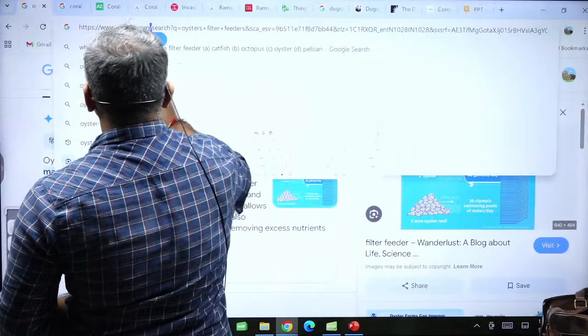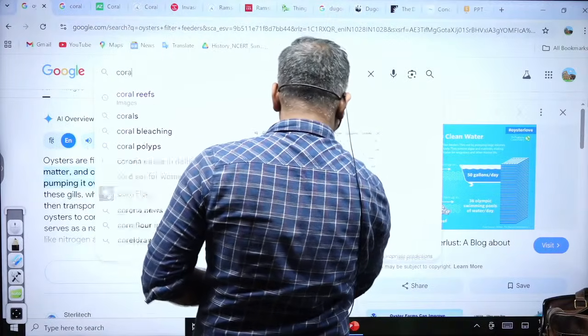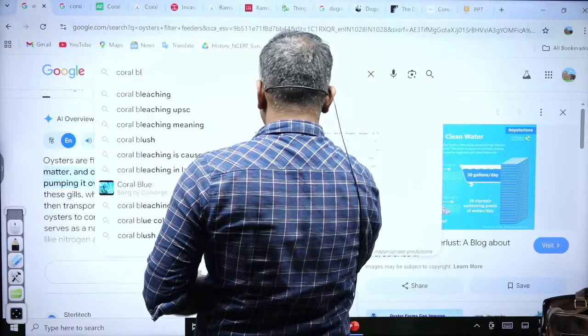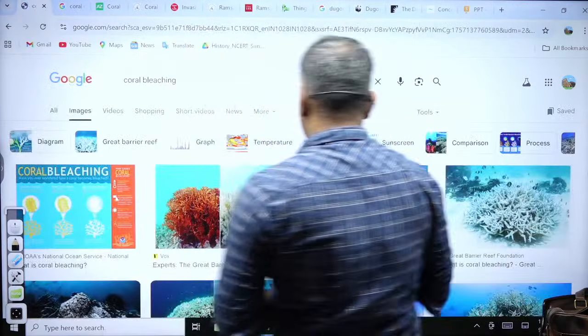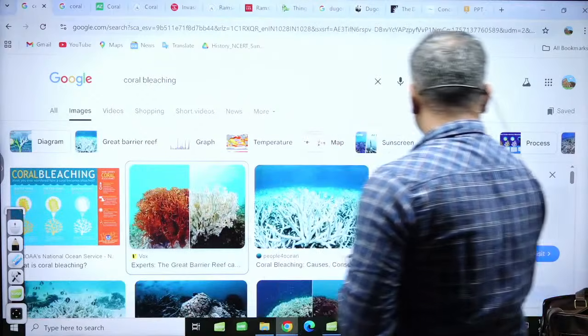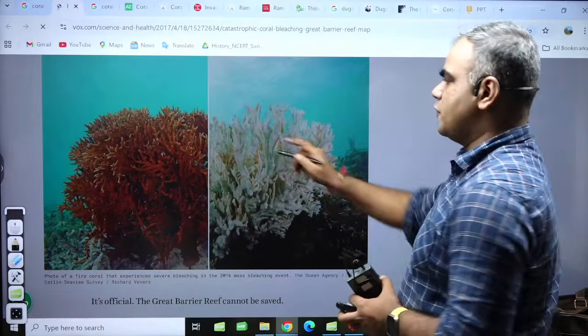Because the algae can only withstand some amount of stress. If we want to see coral bleaching, all these concepts we'll do in more detail as we move along. But because this term is mentioned, now look. Can you see before and after? Look, before and after.